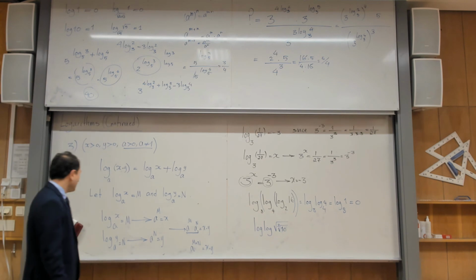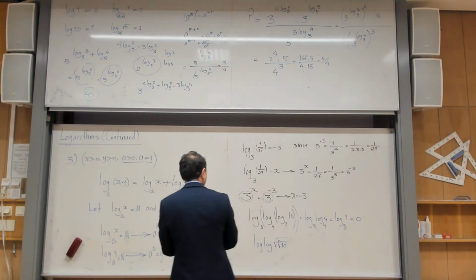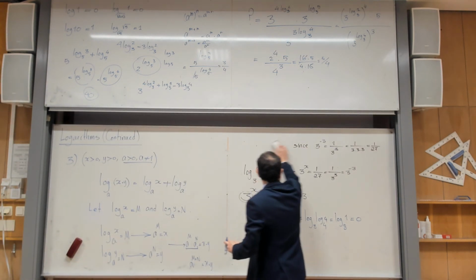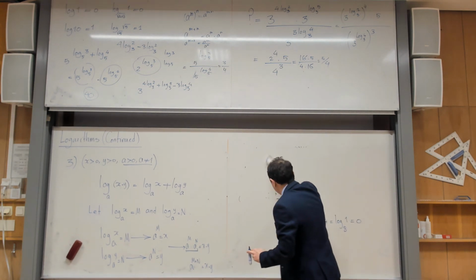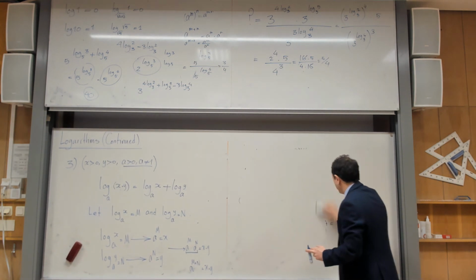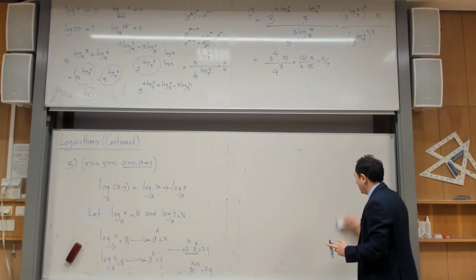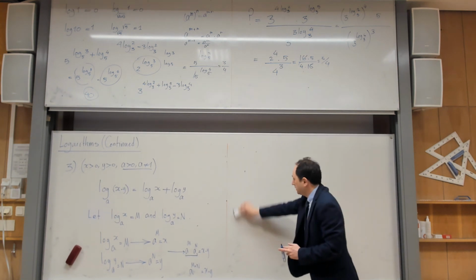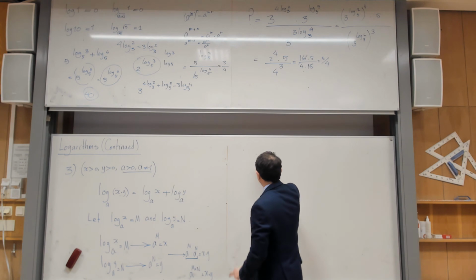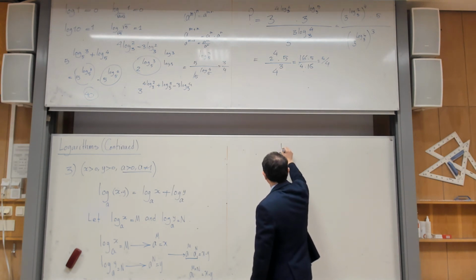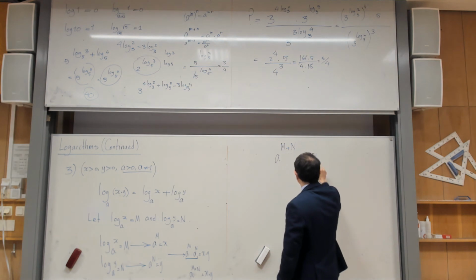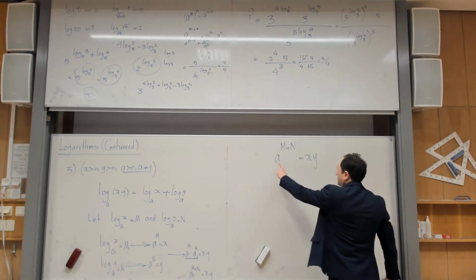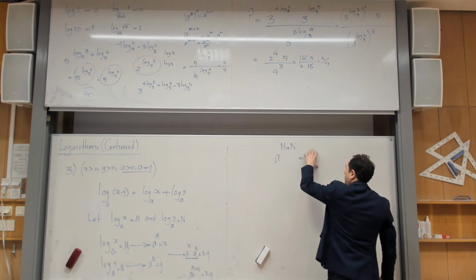Now, can you tell me how I can translate this into the log language? This is extremely important. Every power equality can be translated. So let me write it here on top. A to the power of M plus n is equal to xy. This A to some power is equal to this one.